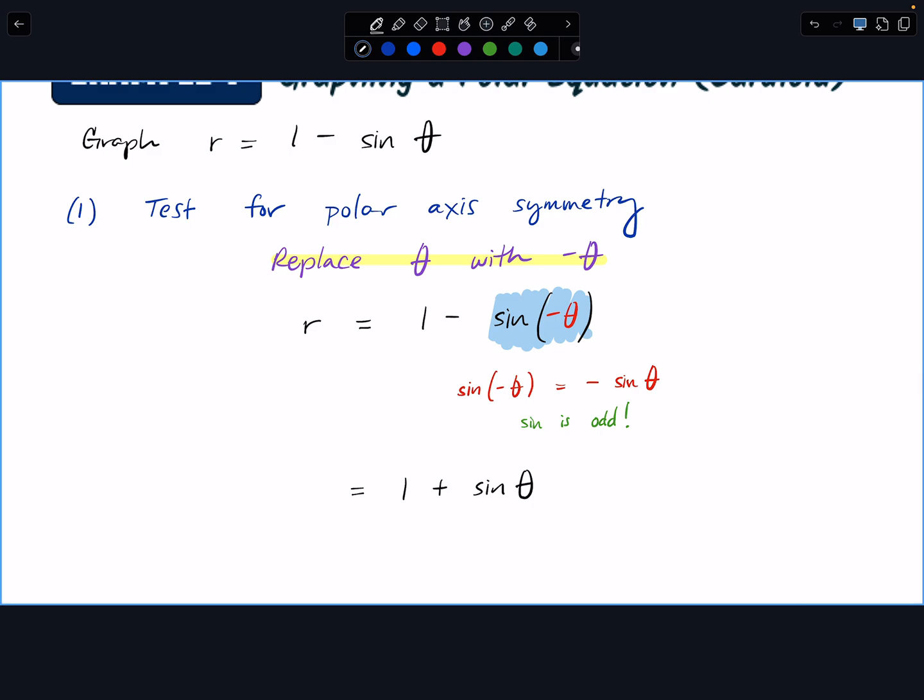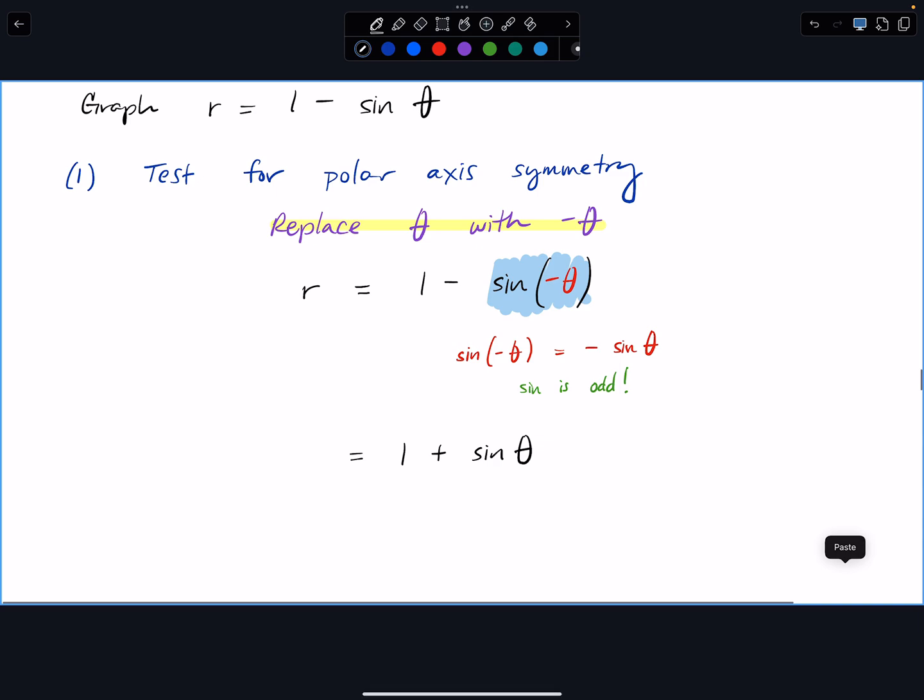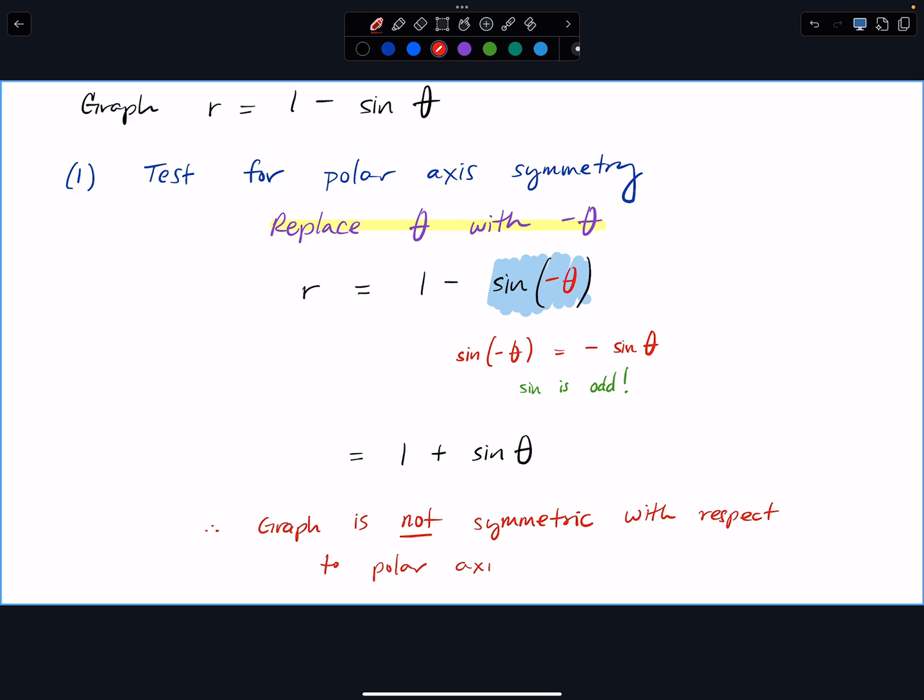Since it's not the same, the graph is not symmetric with respect to the polar axis. So therefore, our graph is not symmetric with respect to the polar axis. Our test failed.